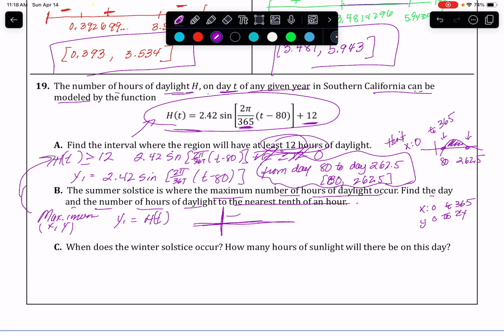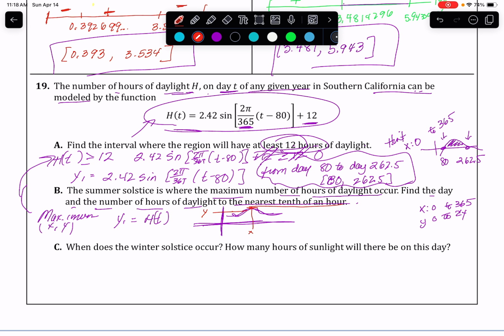And so you should get a graph like this. And so you're looking for the maximum x and the maximum y. So the number of hours of daylight would be the y, and when it occurred would be the x. So it says find the day and the number of hours, to the nearest tenth of an hour.